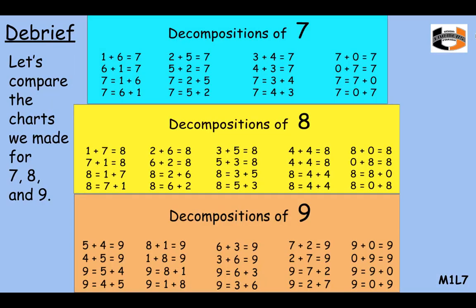Now it is time for our debrief. Let's compare the charts we made for 7, 8, and 9. Look at all of those equations. 7 doesn't have as many as 8 and 9.